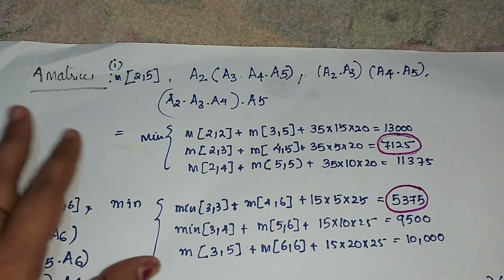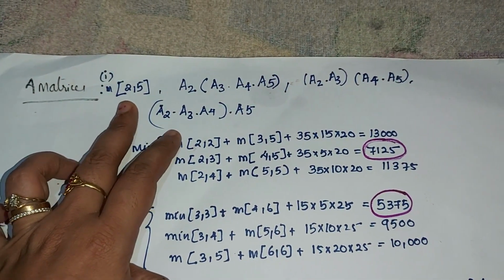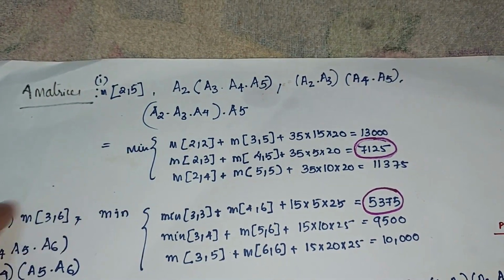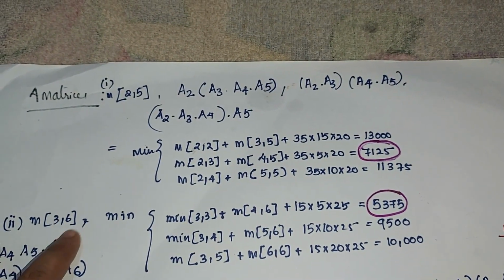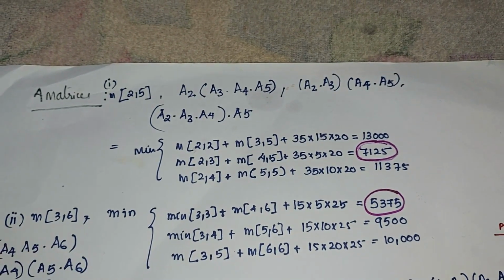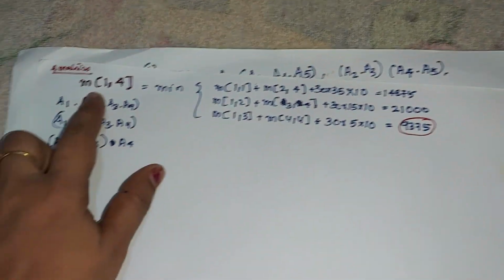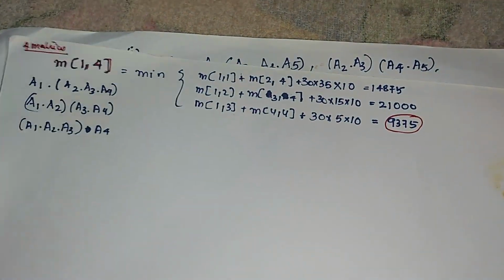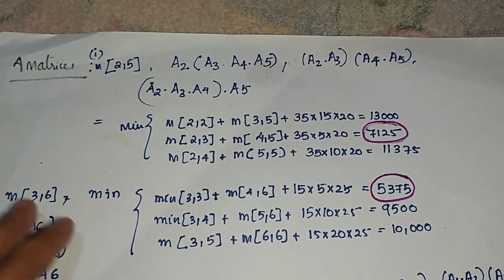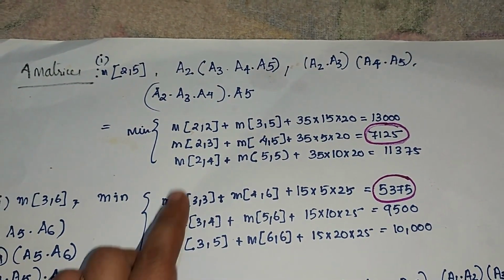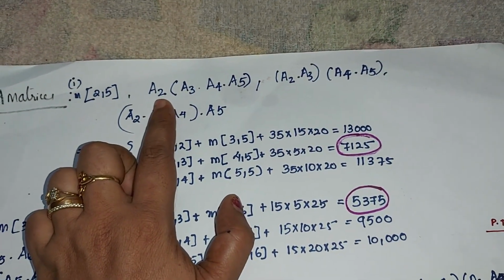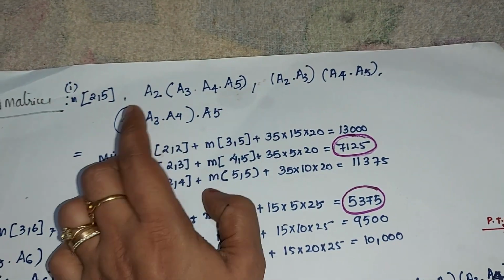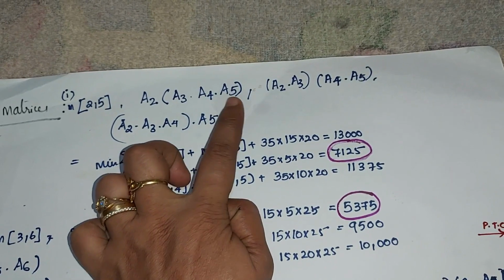Now the 4 matrix combination. Next is M2,5, and one is M3,6, and one more will be there, that is M1,4. Now we'll see the split here of 2,5, that is A2, A3, A4, A5. So A2 into A3, A4, A5.